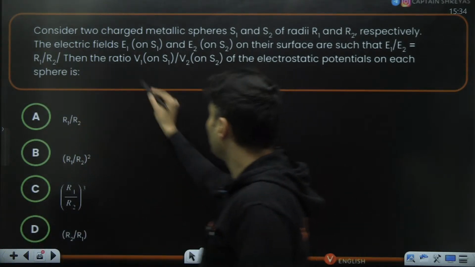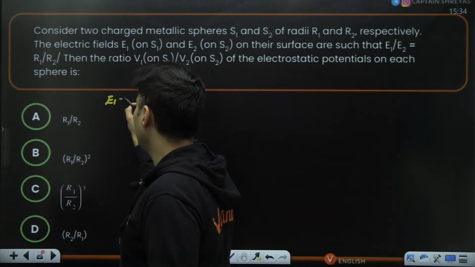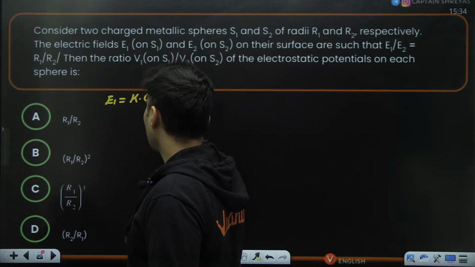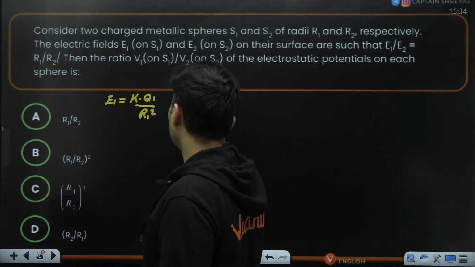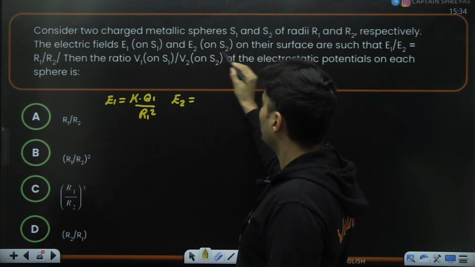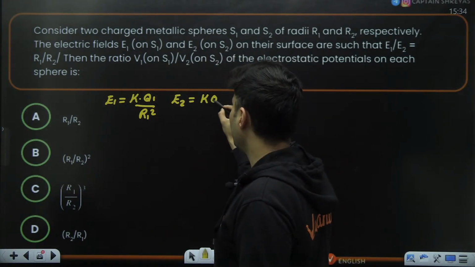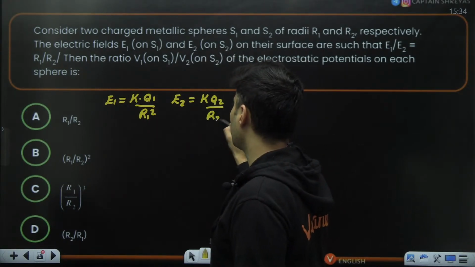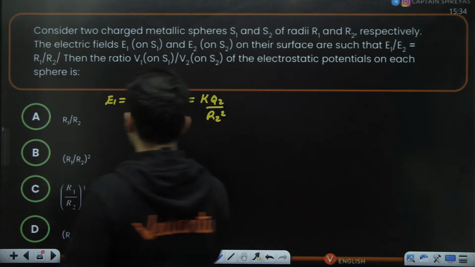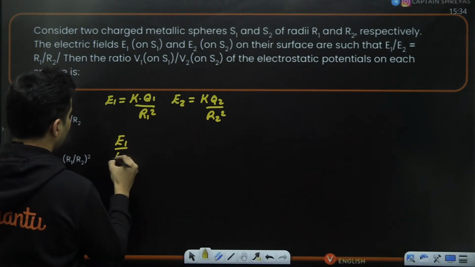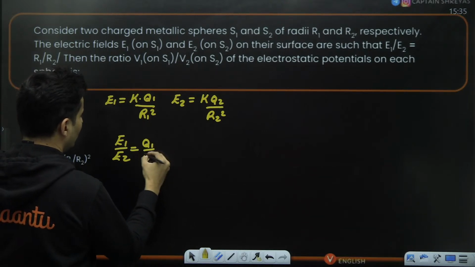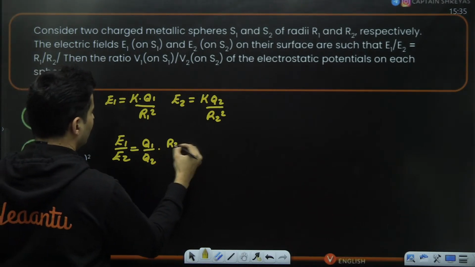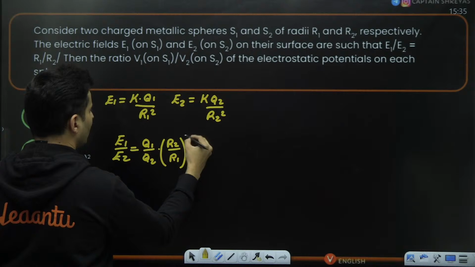Okay, so if you just ask me what is electric field 1, it will be Coulomb constant, charge 1 divided by R1 square. Electric field on the surface of 2 will be Coulomb constant, charge 2 and R2 square. How about dividing both of them? Maybe we'll get something. So E1 by E2 will be Q1 by Q2, and then we'll have R2 by R1 the whole square.